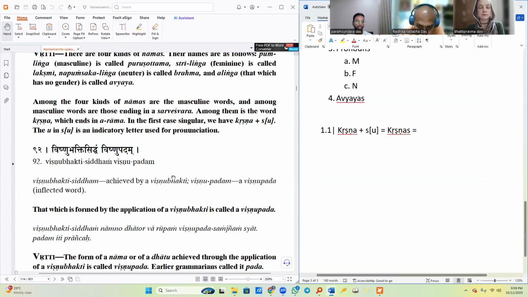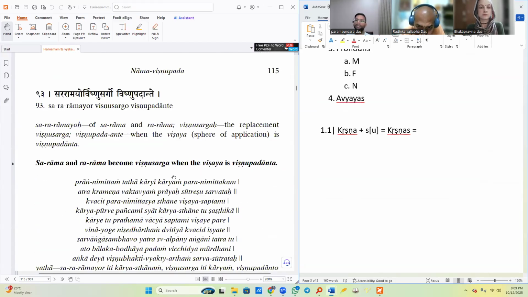Then we apply Sutra 93: Sa Ra Rama Yor Vishnu Sargo Vishnu Padante. Sa Rama and Ra Rama become Vishnu Sarga when the Vishaya is Vishnu Padanta. Vishaya means sphere of application; basically, when it is at the end of a Vishnu Pada.